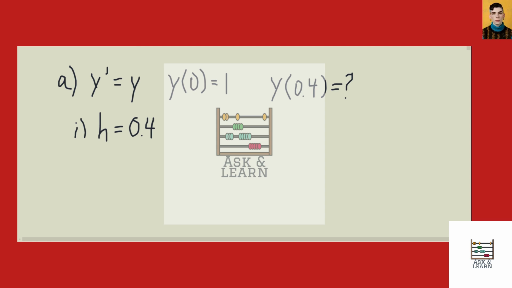So, using Euler's method, we have that y of 1 is equal to y of 0, which is the same thing.